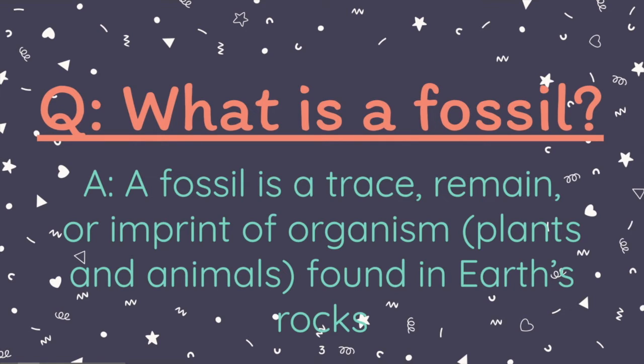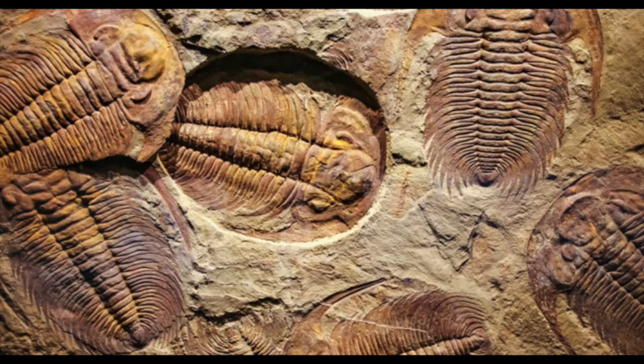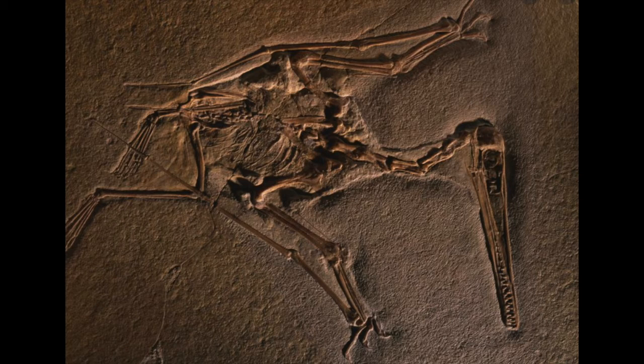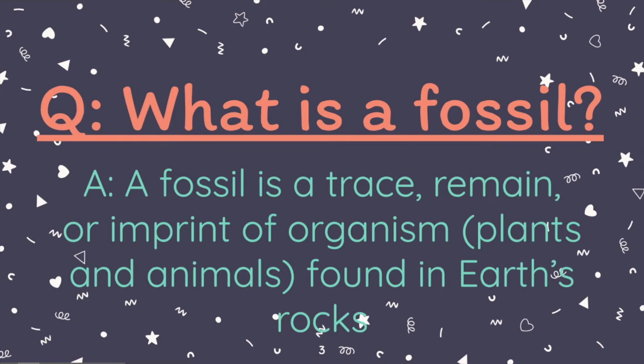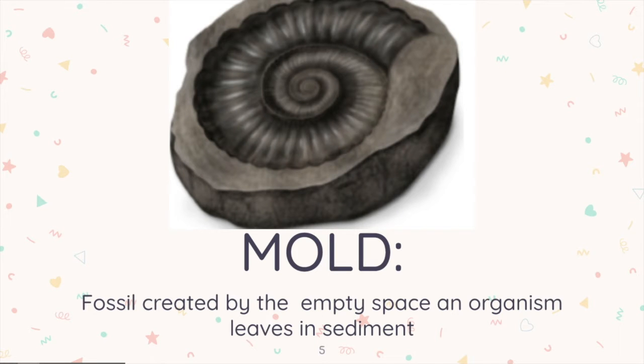A fossil is a trace, remain, or an imprint of organisms like plants and animals. These traces or remains are found in the Earth's rocks. Now let's find out about the different types of fossils. First type of fossil is a mold.